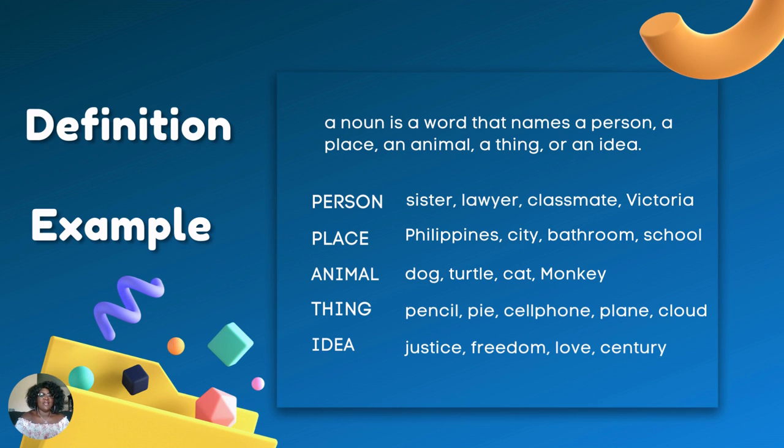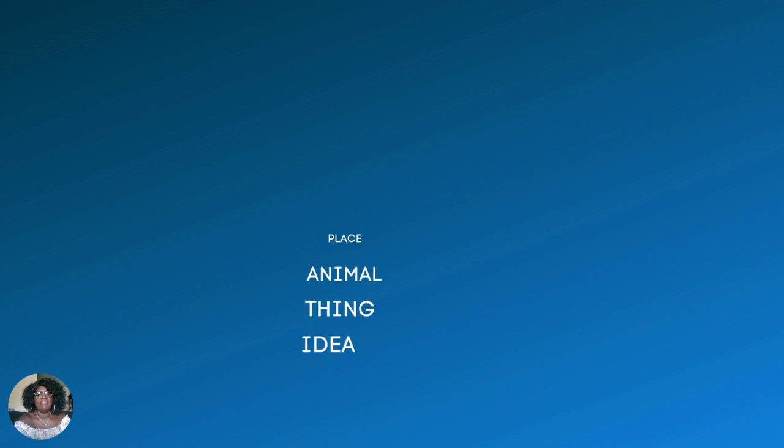Example of animals: dog, turtle, cat, monkey. Example of things: a pencil, a piece of pie, cell phone, plane or airplane, cloud. Example of ideas: justice, freedom, love, century. Those are all nouns: person, place, or thing.